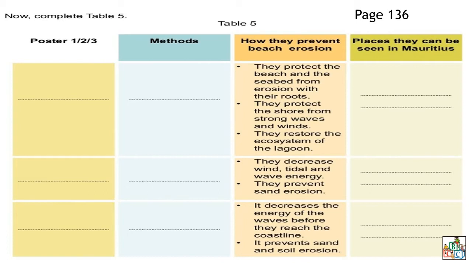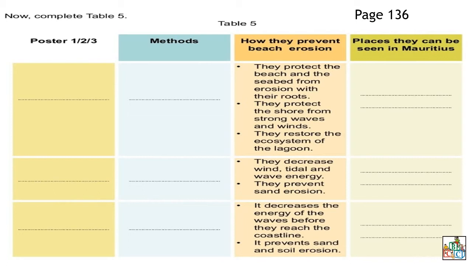So how do they prevent beach erosion? The first one: they protect the beach and the seabed from erosion with their roots. So when we are talking about roots, we are talking about mangroves. They protect the shore from strong waves and winds. They restore the ecosystem of the lagoon.